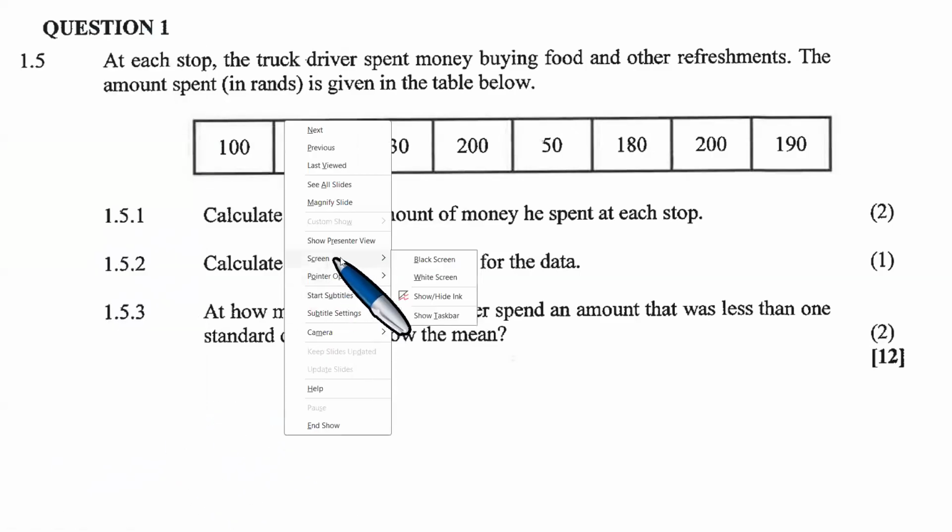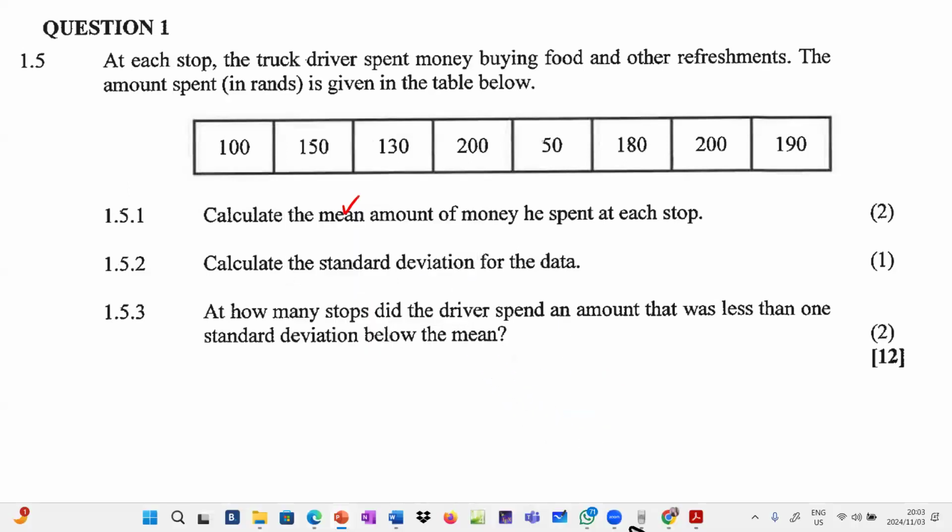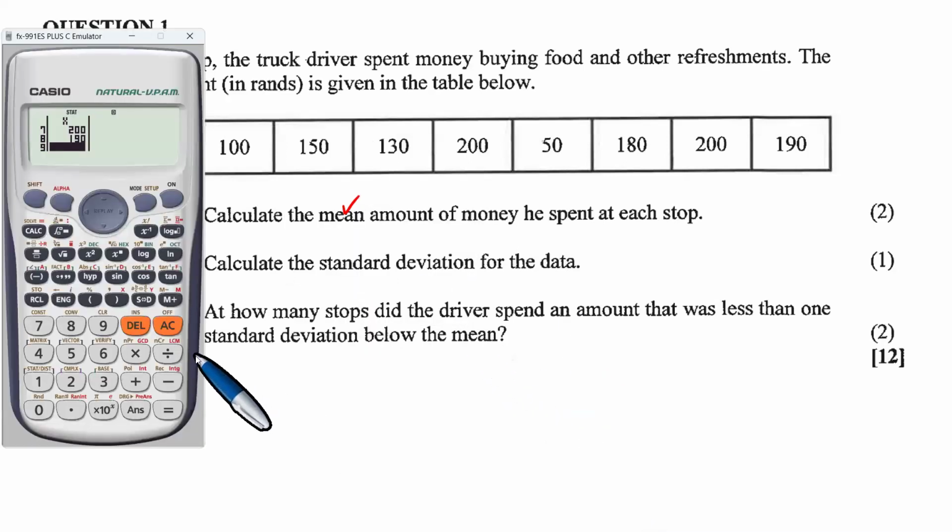Okay, I have my calculator. So 190, then you have that. Then shift stat, then at this point we want to get 4, the mean.